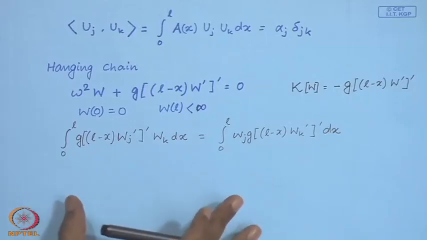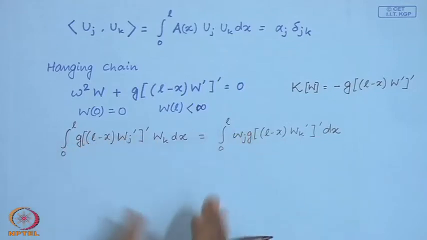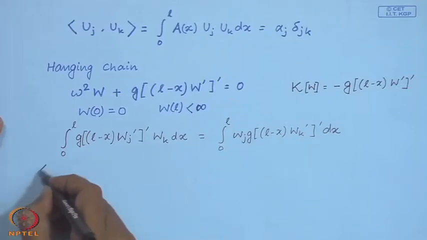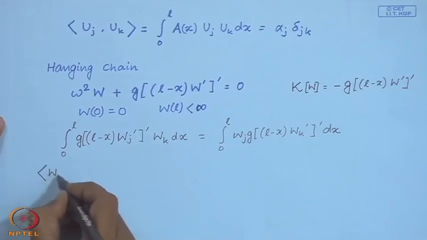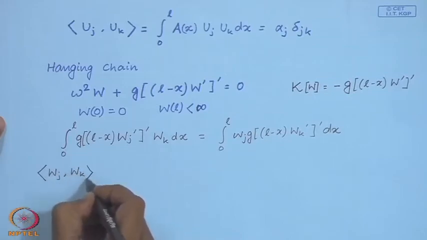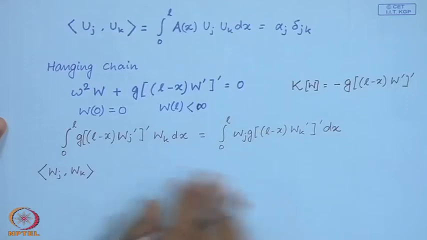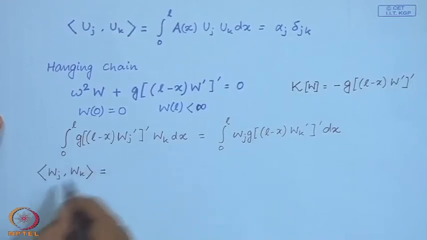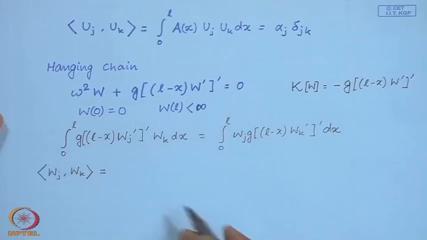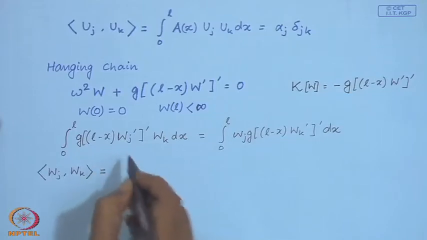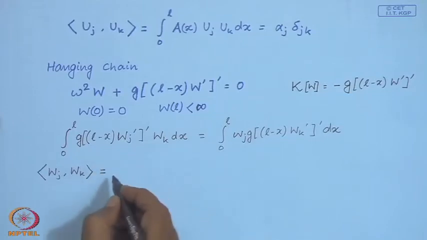And once you use this property, you can derive the inner product of the eigenfunctions of a hanging chain with respect to which the eigenfunctions are orthogonal.